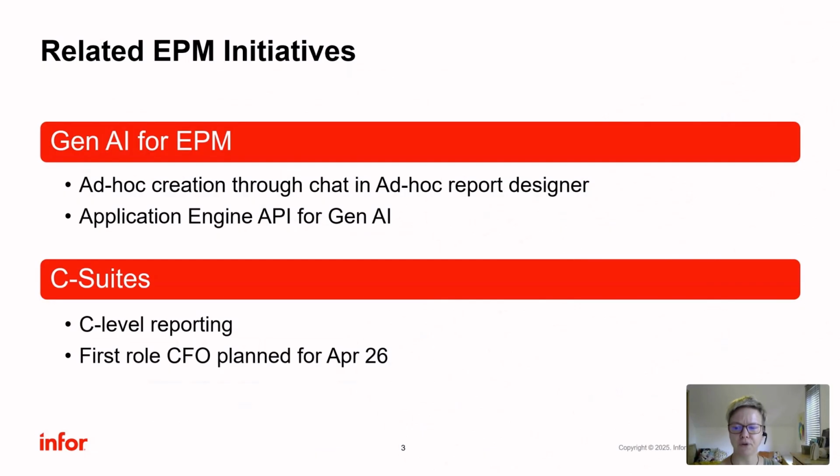So EPM is working on the C-suites, on C-level reporting, workspaces, and dashboards. And we are currently working on the CFO role, which is going to be released in April 26. And once the new widget is mature enough, then of course we want to adopt it for all the workspaces, because then we will have the same consistent and beautiful user experience and look for all the workspaces. So that's something that hopefully will be available very soon.